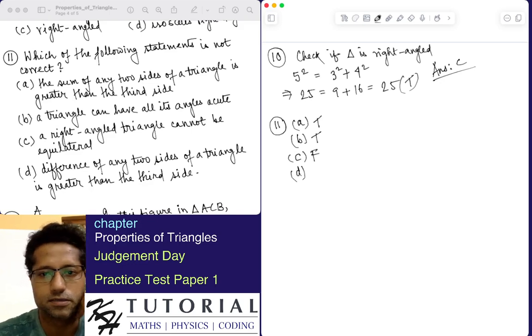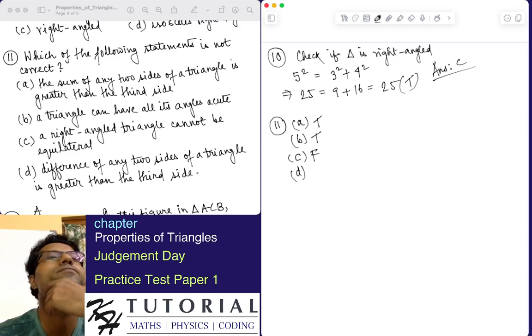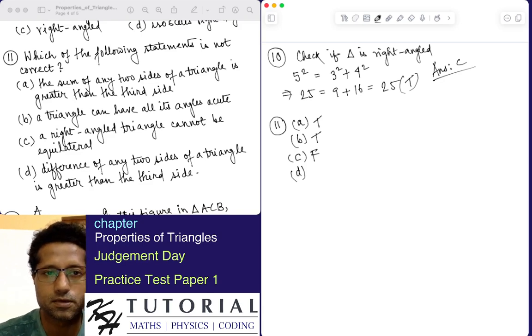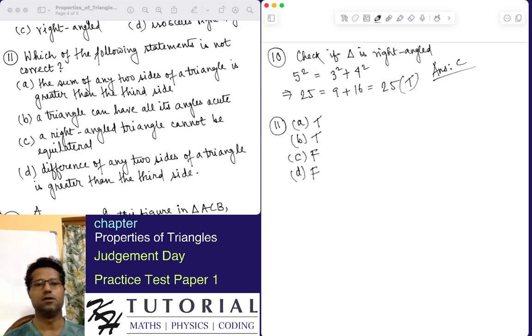D: the difference of any two sides of a triangle is greater than the third side. No, this is false. Which of the statements is not correct? It is asking which is not correct, so this is false, because the difference of any two sides is always less than the third side.